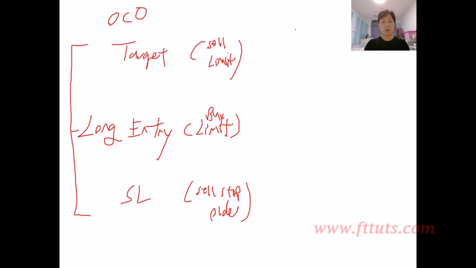Understand? So the reason why I put the OCO order is that once you are filled, if price goes up and hits your target, the stop loss order will automatically be cancelled. Same thing if you are long and the price continues to come down to hit your stop loss, the target order will automatically be cancelled. So it gives you peace of mind, right? Let's say you enter the orders and you want to go and do your own things.